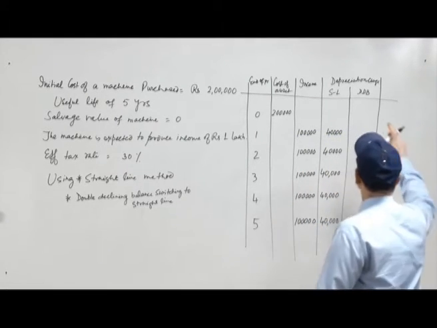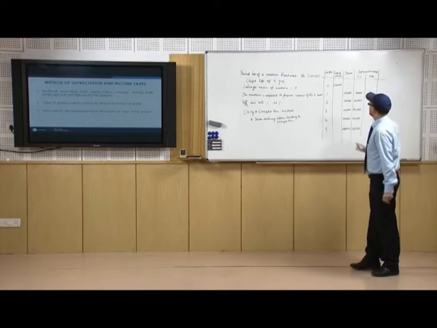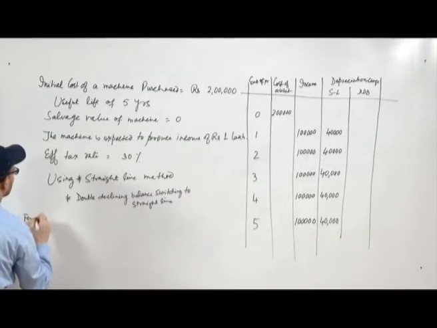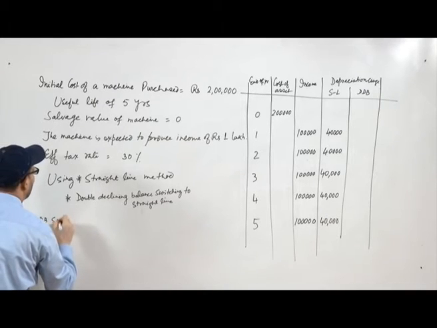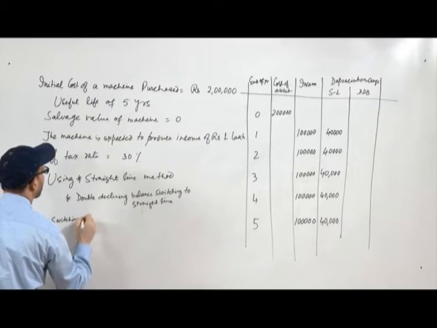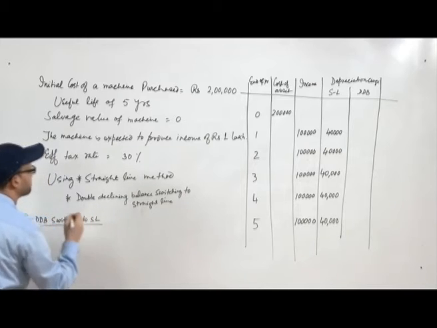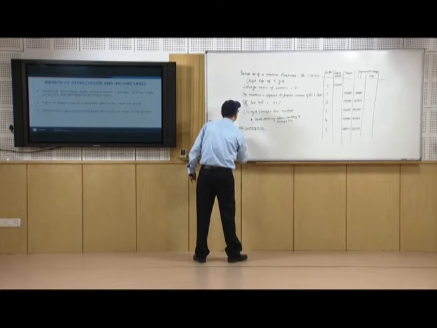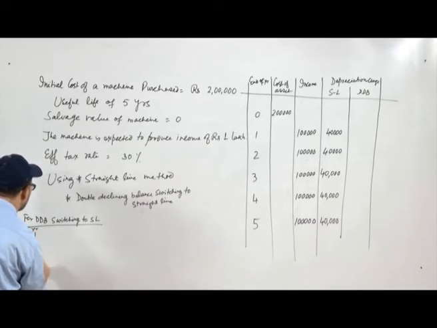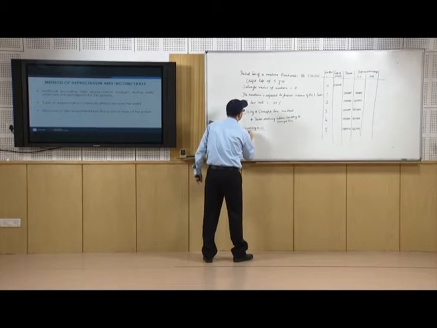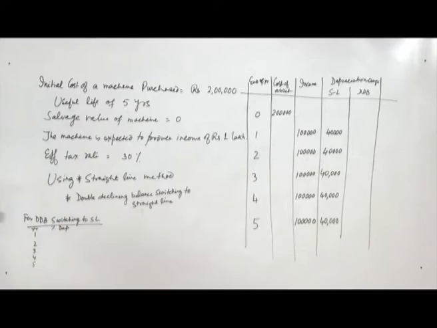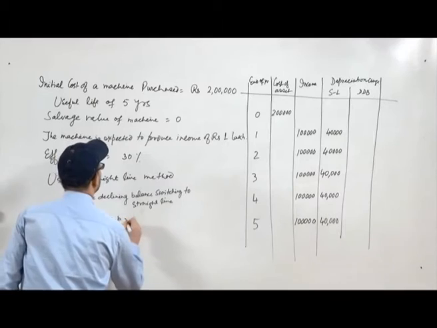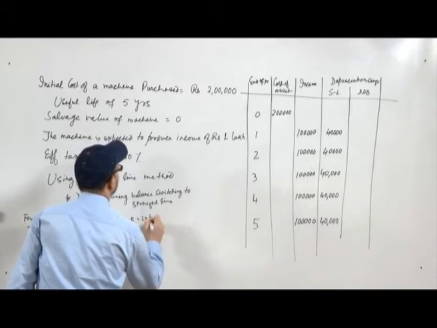Now, using the DDB method, switching to straight line, the percentage depreciation during the years 1, 2, 3, 4, 5 will be, we have already done it. The depreciation rate is 2 into 1 by 5, that is 40%.